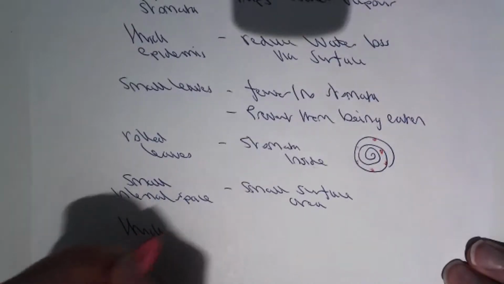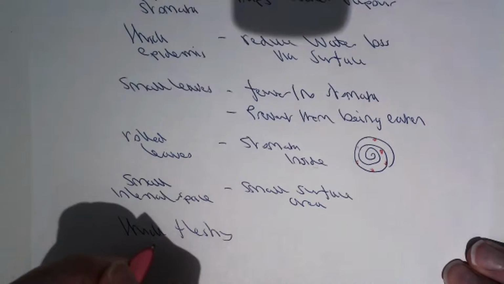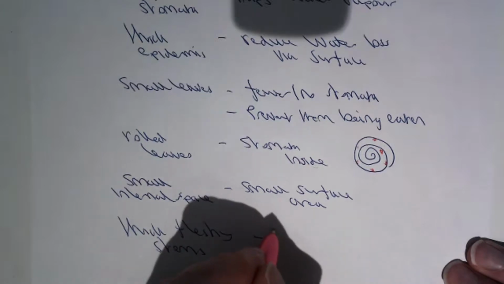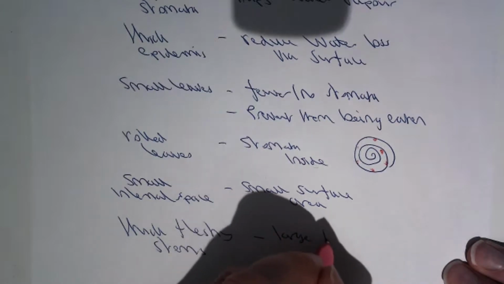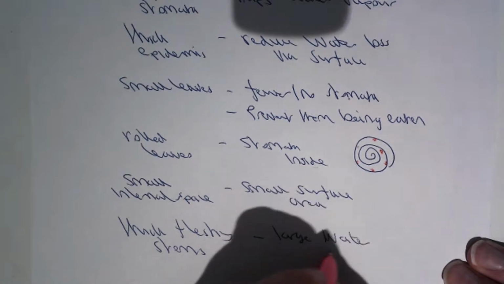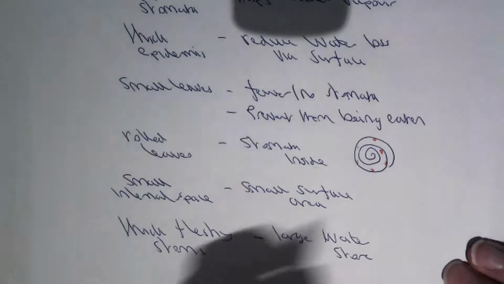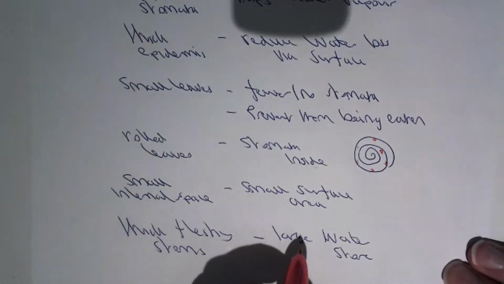They've got thick fleshy stems, which means that the cells have got a large water store. So those fleshy stems hold and store water.